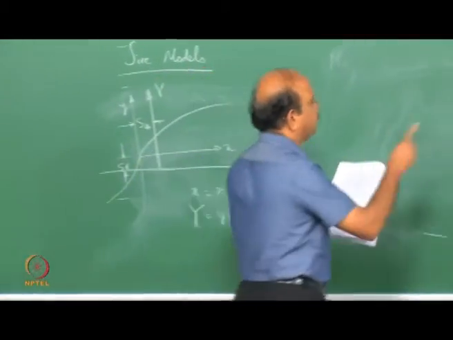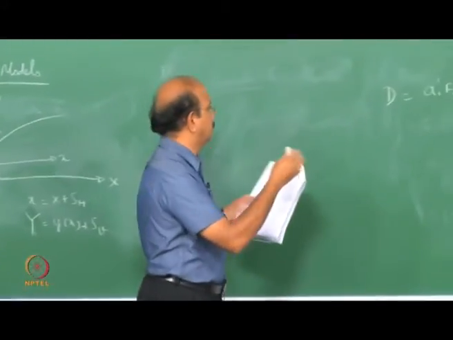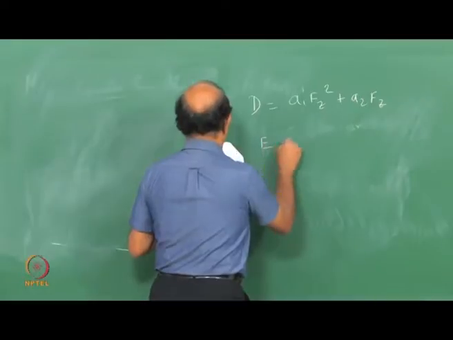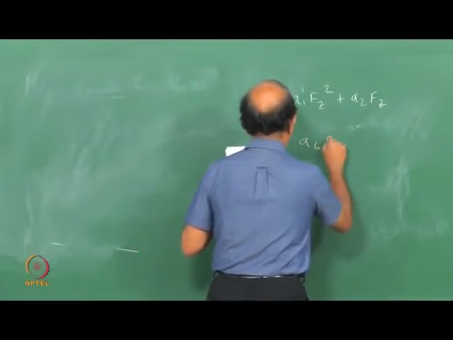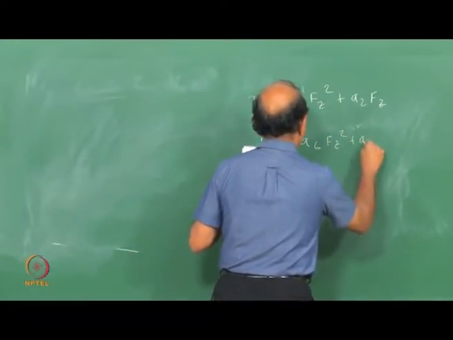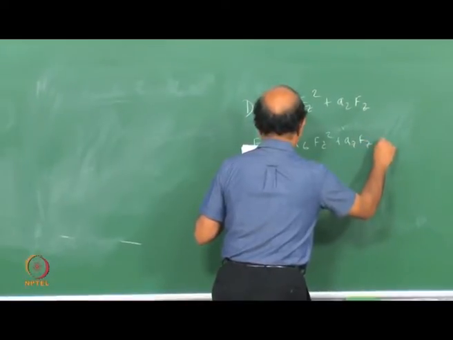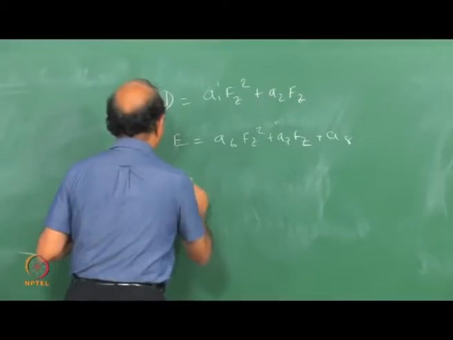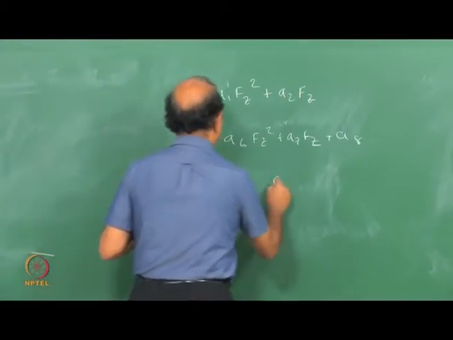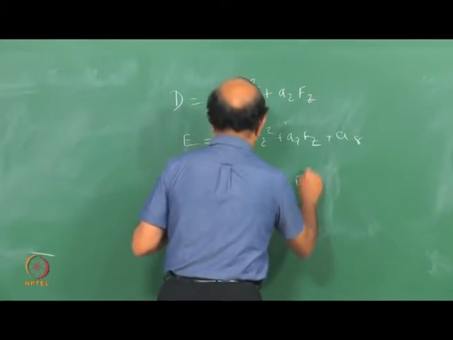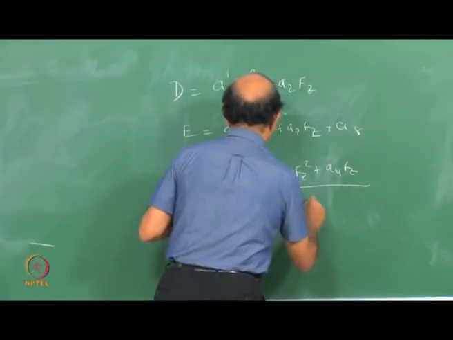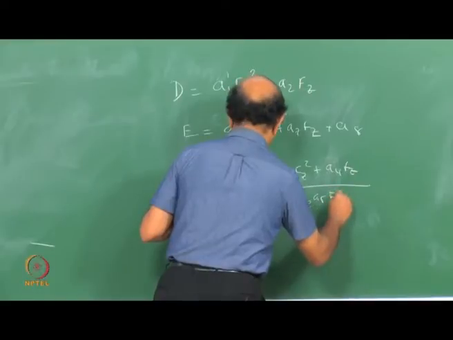So, D is equal to A1 Fz squared plus A2 Fz, and E is equal to A6 Fz squared plus A7 Fz plus A8. BCD, the initial curve, is A3 Fz squared plus A4 Fz divided by e power A5 Fz.